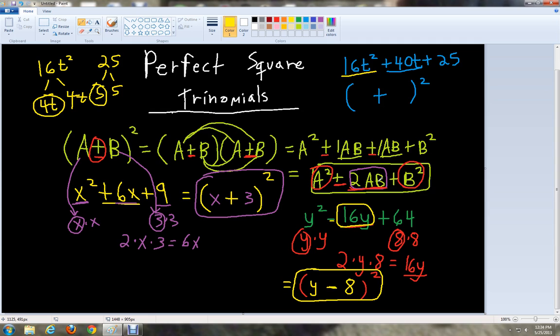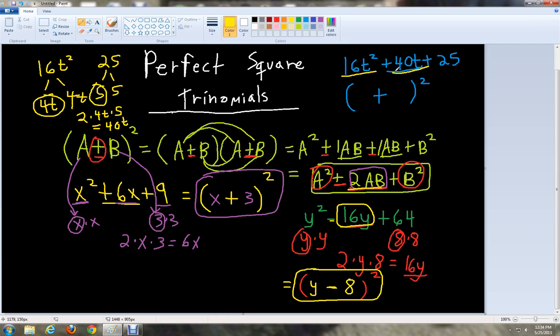Now, is it true that we use the formula here, 2ab? We have 2 times, what's our a? 4t, times 5, which is b. Will this give us the middle number, 40t? So 2 times 4t is 8t, and 8t times 5 is 40t.